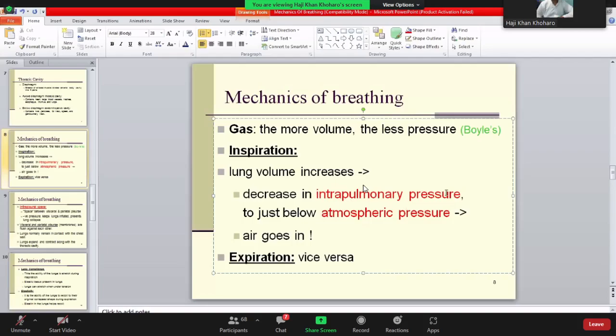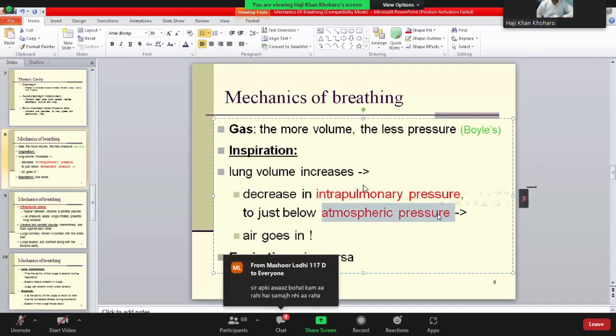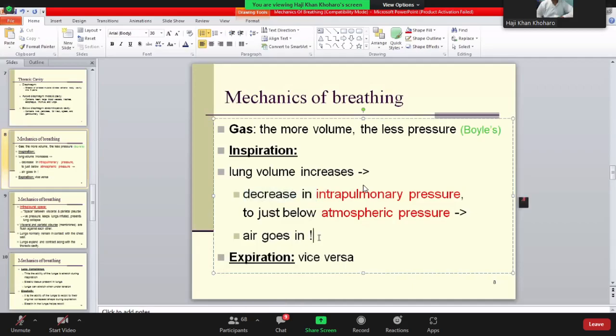As it decreases below the atmospheric air pressure, the air goes inside, and when the intrapulmonary pressure increases above the atmospheric pressure, the air leaves the lungs. This is the story of two pressures: one is the atmospheric pressure, and the other is the intrapulmonary pressure.